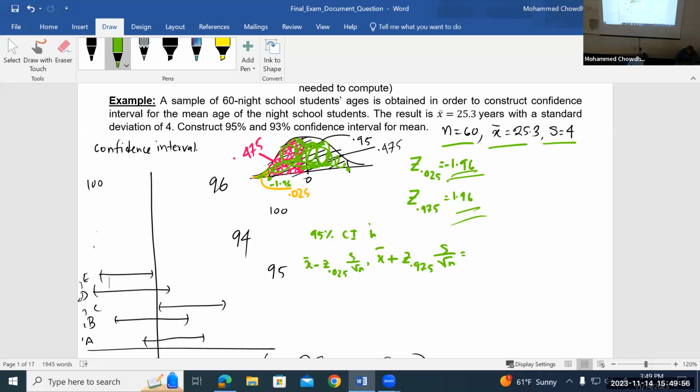It should be 25.3 minus 1.96, and s equal to 4, and then square root of 60, comma, 25.3 plus 1.96 times 4 over square root of 60. Someone of you please help me to find this value: 25.3 minus 1.96 times 4 divided by square root of 60.